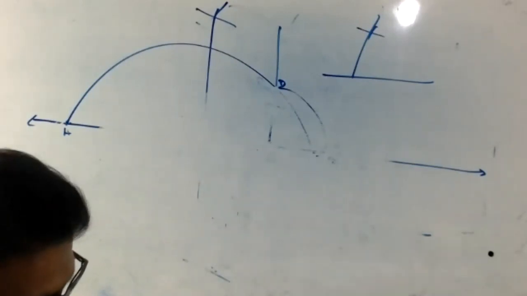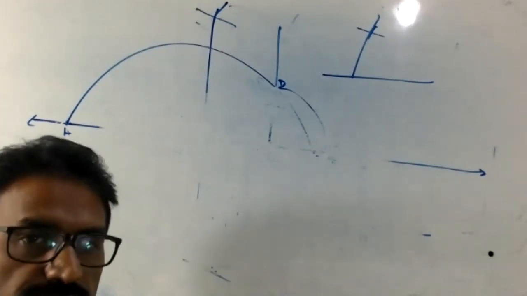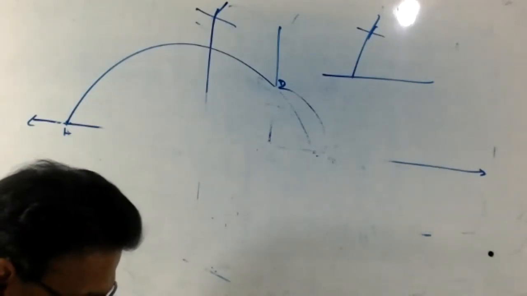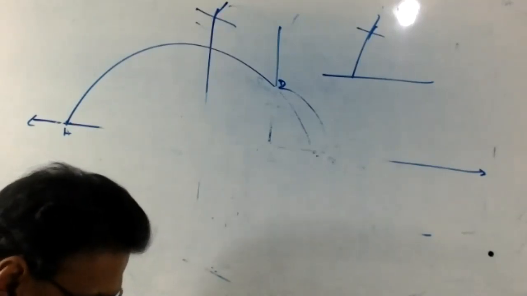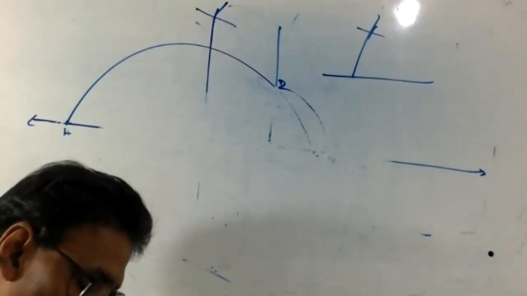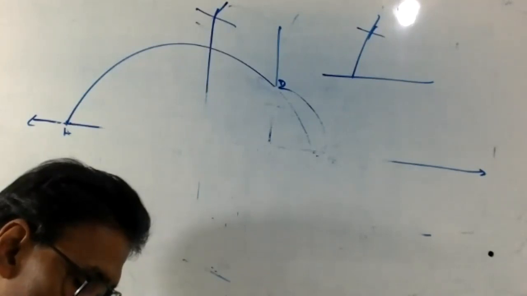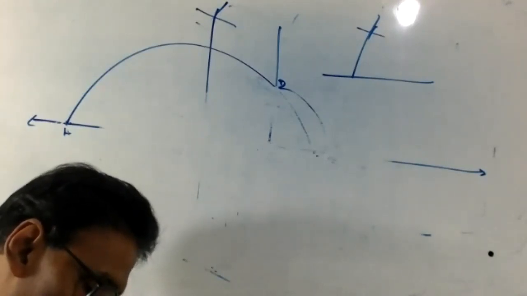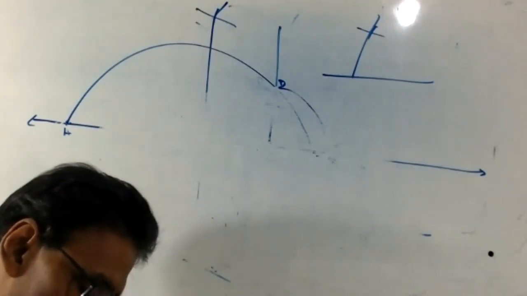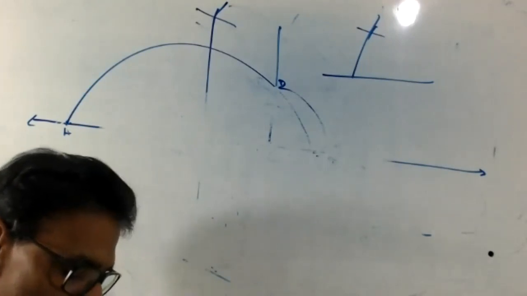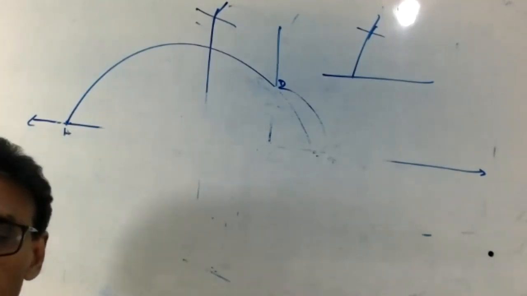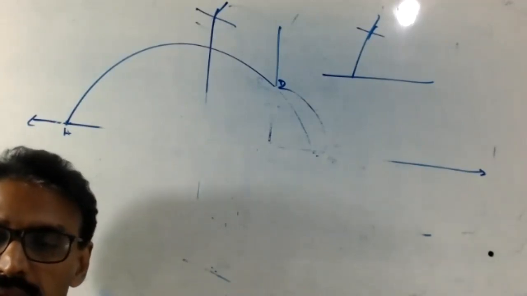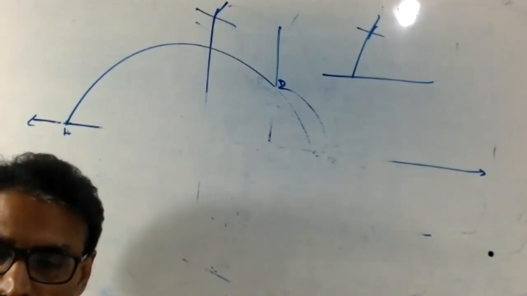Now write. Give an example. Two rational numbers whose difference is a rational number.